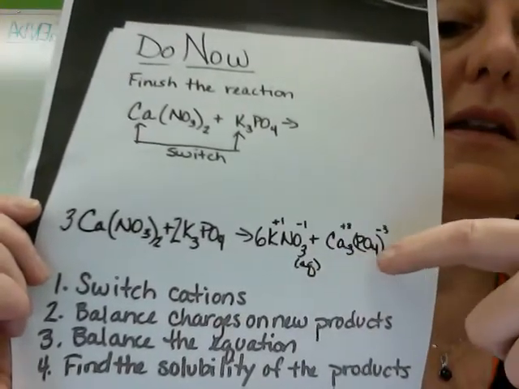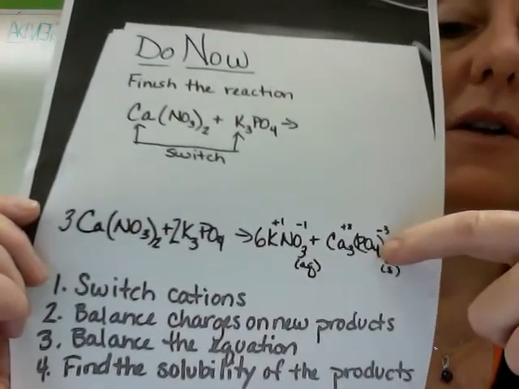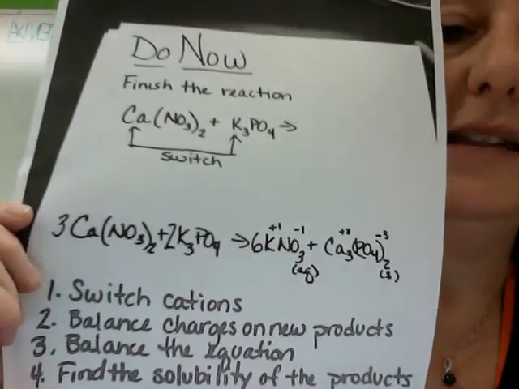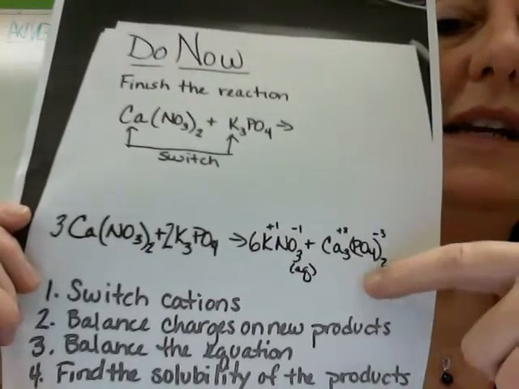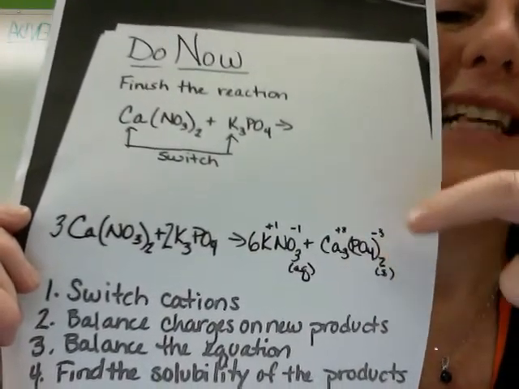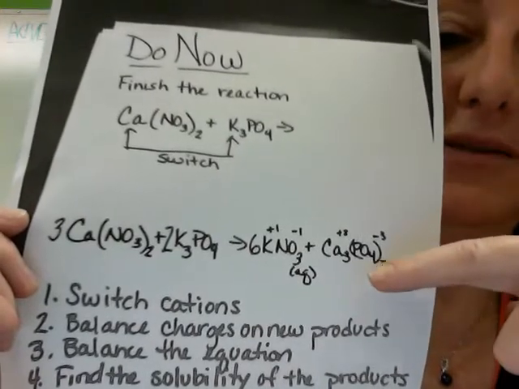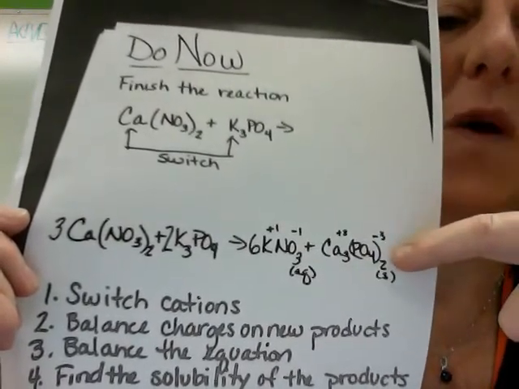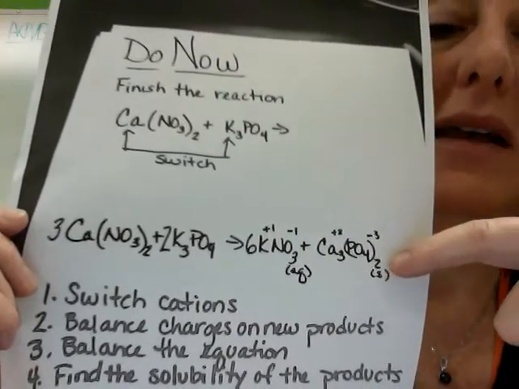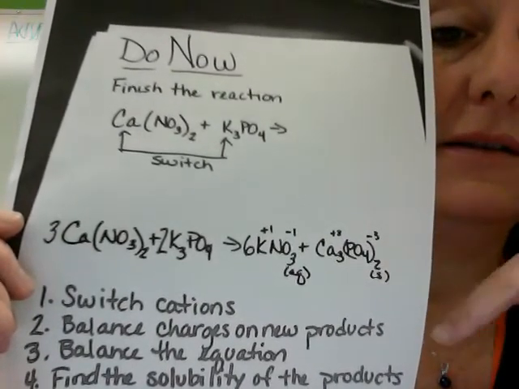Then we go find calcium phosphate. It says SS or I in the box. SS or I is a solid.